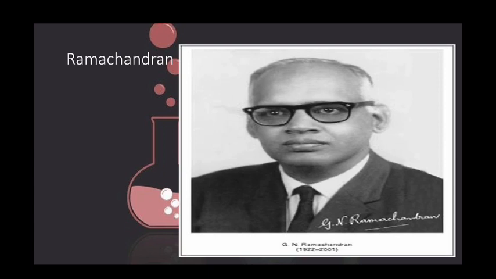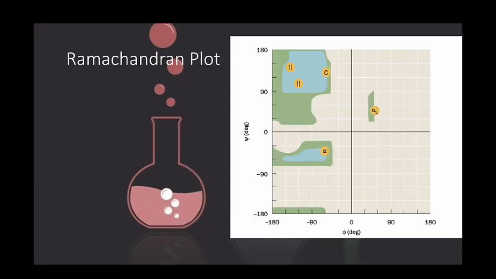So he visualized them on the Ramachandran plot. As you can see in this plot, there are 3 regions that are sterically allowed phi and psi angles. These regions are actually the conformations that usually exist in nature, such as alpha helix or beta sheet, which we will discuss later.